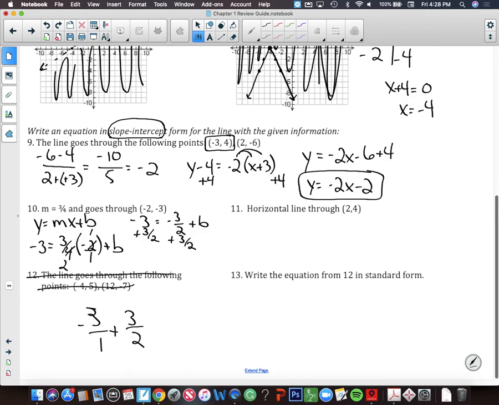So when I do, this one turns into -6/2. Right? So it's -6/2 plus 3/2. That gives you a -3/2. That is b. Now the last step is just putting everything back in your equation. So we know our slope is 3/4. And we know our b, or y-intercept, is a -3/2. So that is your answer.